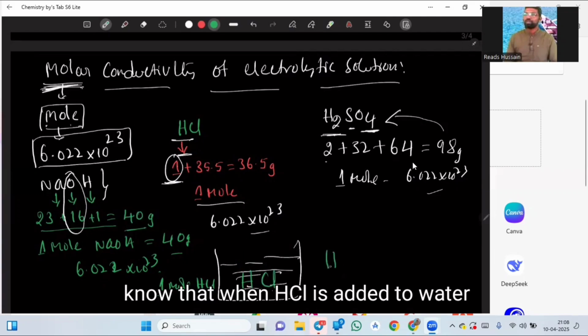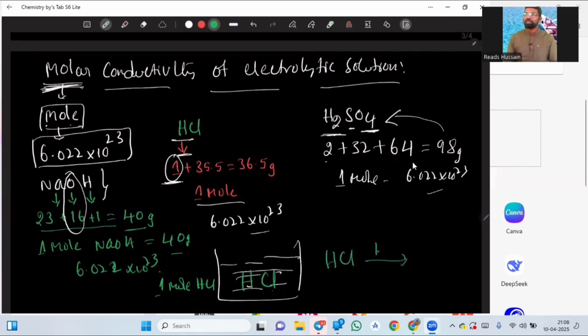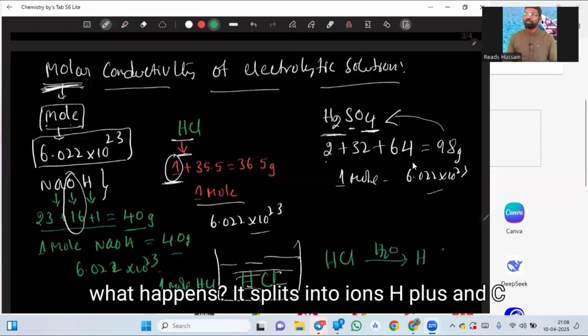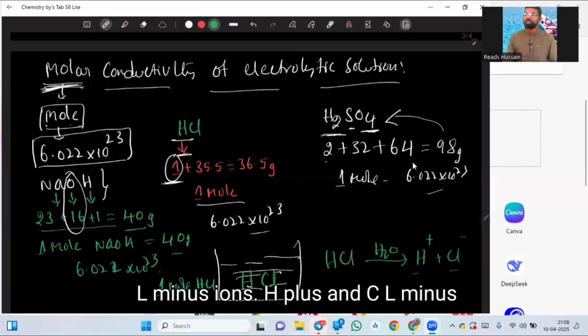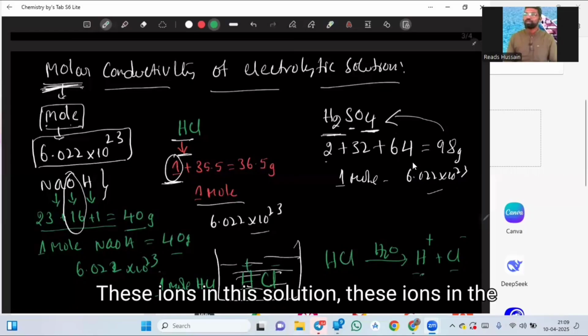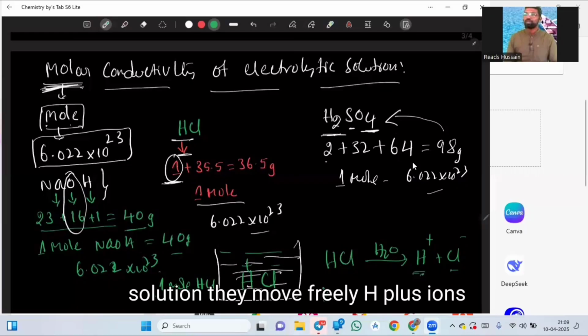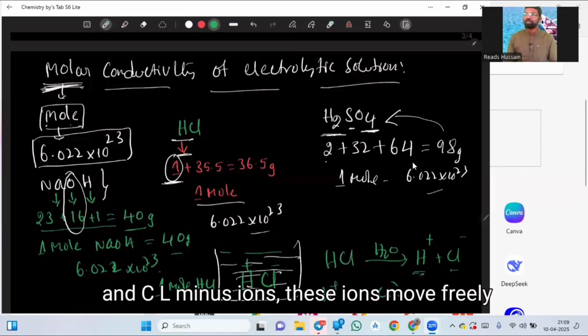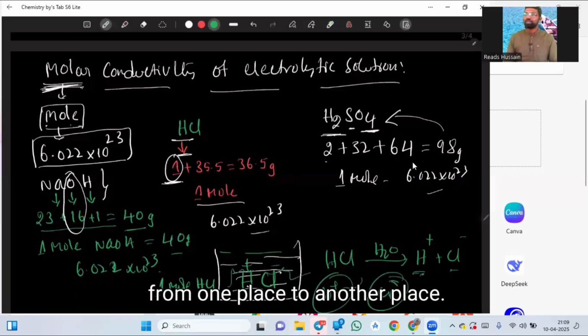You know that when HCl is added to water, what happens? It splits into ions, H plus and Cl minus ions. These ions in this solution move freely from one place to another place.